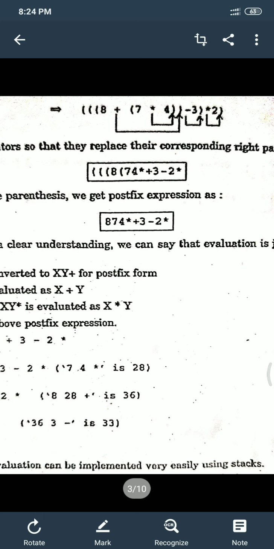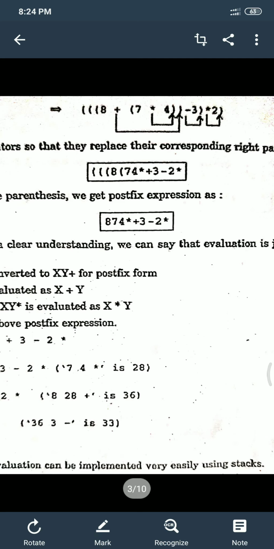As we are aware, in the previous video lectures we have discussed the precedence of operators. While evaluating, we have to follow the highest priorities, and the highest precedence will be given to the parenthesis. First, let us evaluate the innermost parenthesis.